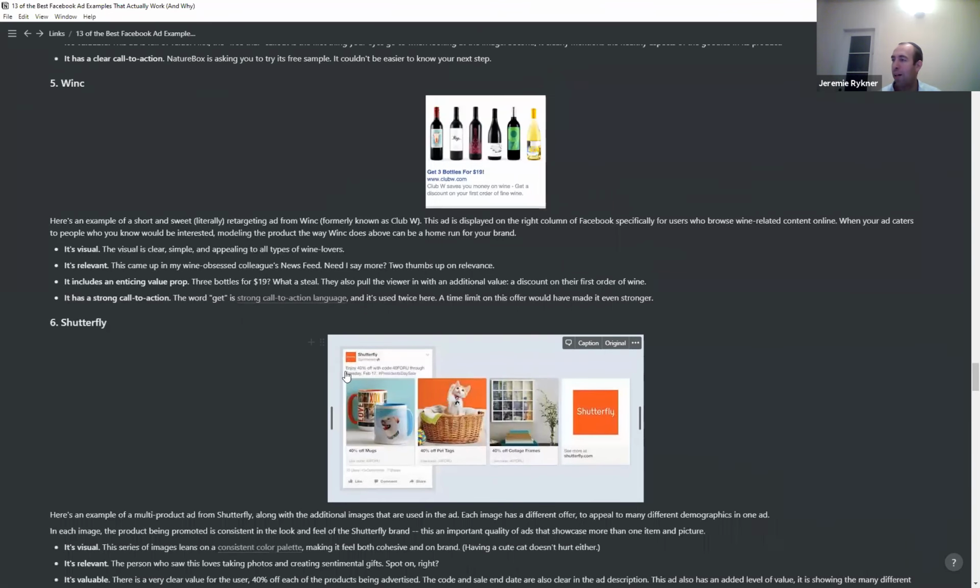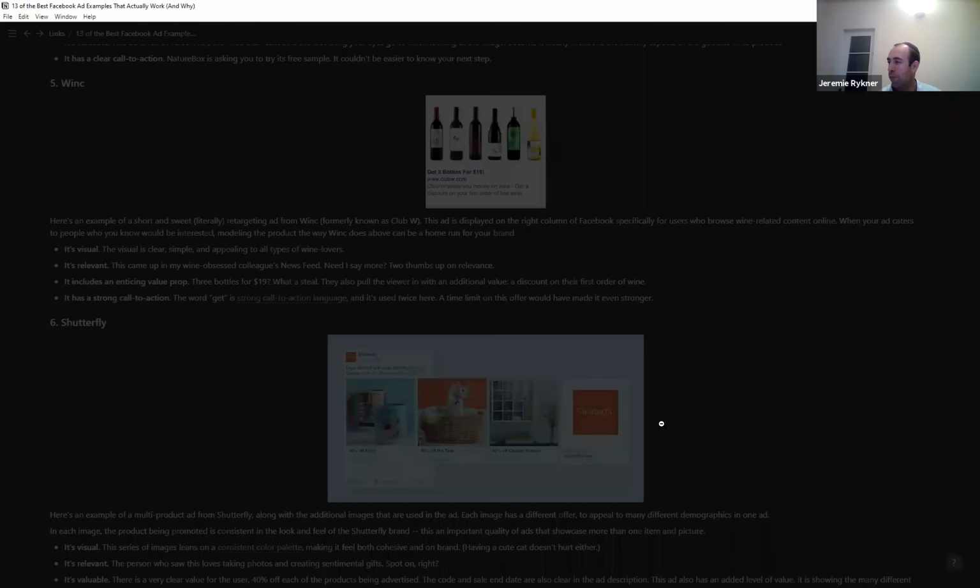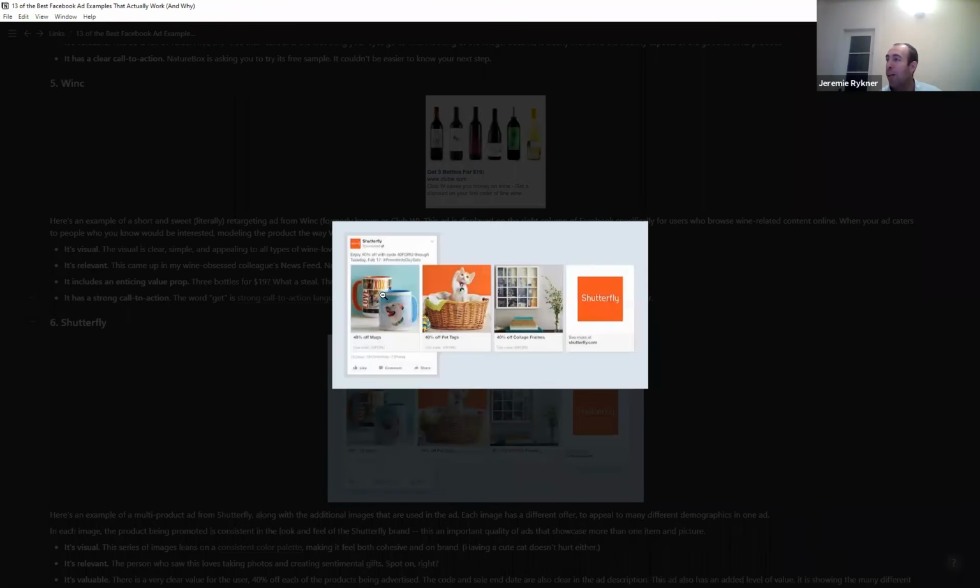Here's another one. This one is for what? Try to find out. Let's see if you recognize it. Make it bigger. Okay, so we have here: enjoy 40% off with code 40 for you through Tuesday, February 17.